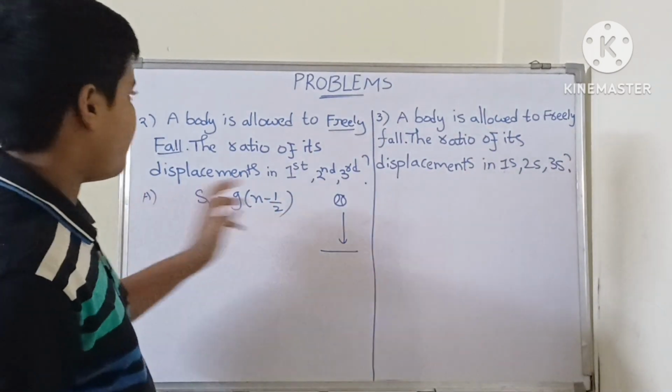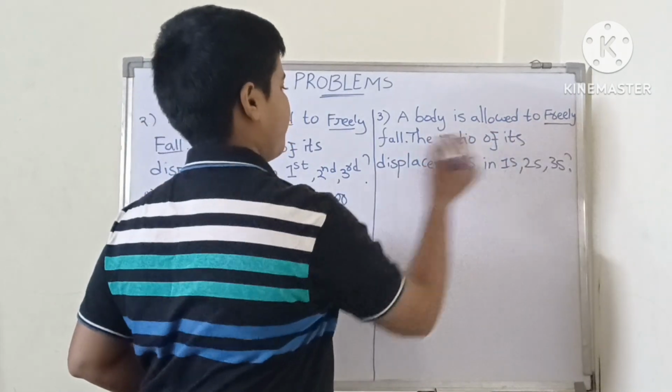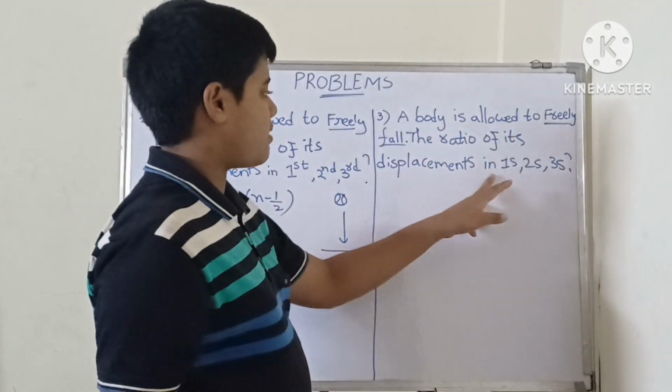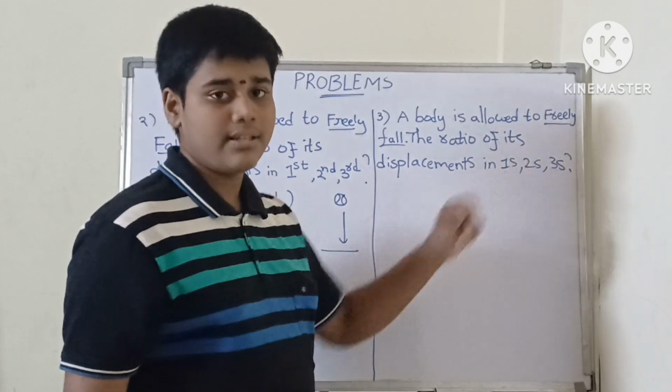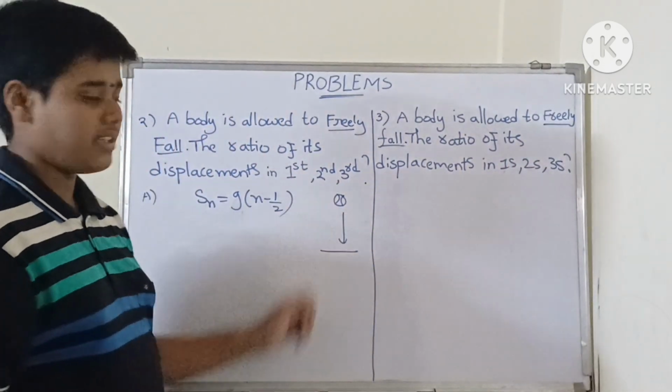Now the third question: a body is allowed to freely fall. Same, the ratio of its displacements in 1 second, 2 seconds, 3 seconds. Here in the second question they asked first second, second second, third second.